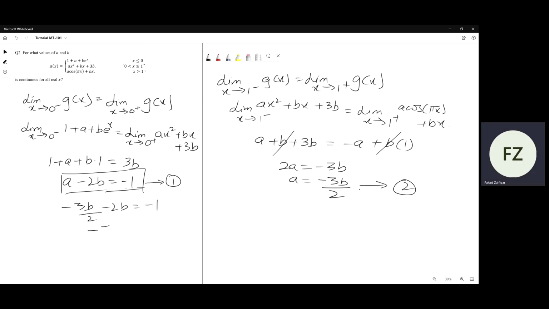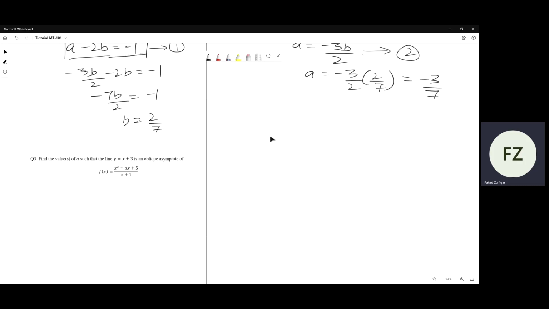So minus 7b divided by 2 equals minus 1, and b will come out to be 2 by 7. If b is 2 by 7, then a will be minus 3 by 2 into 2 by 7. So this will give us a equals minus 3 by 7. So a equals minus 3 by 7 and b equals 2 by 7. That will be our answer.